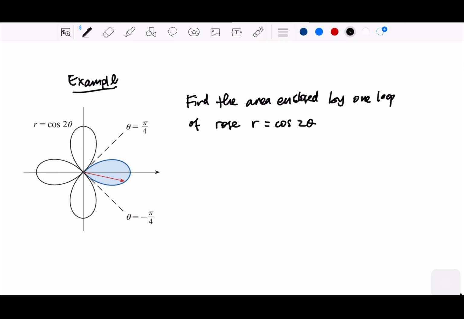And do the same thing with all the other points. And then when theta is negative pi over 4, you will get back to the zero radius. And the last point will get back to this original point.